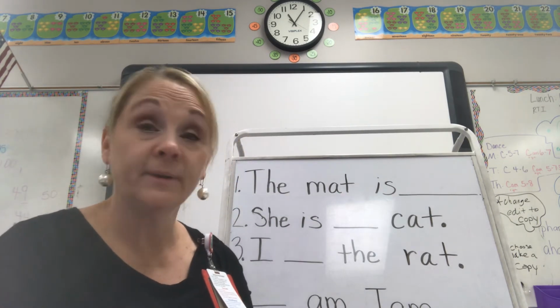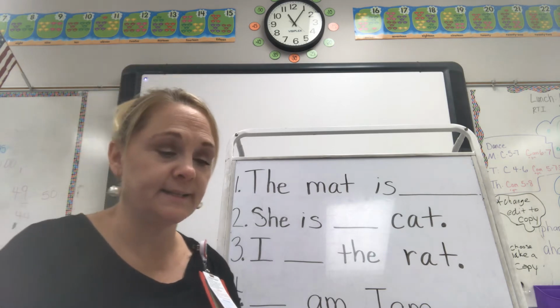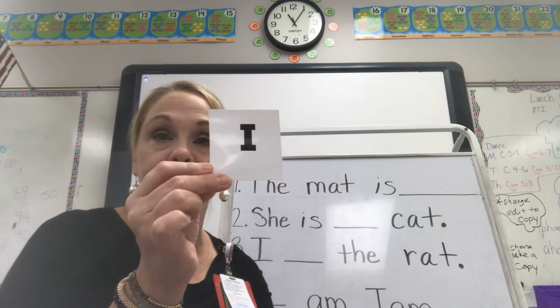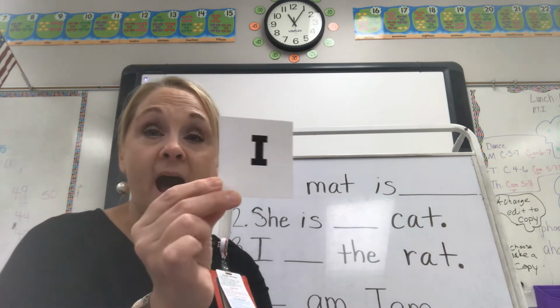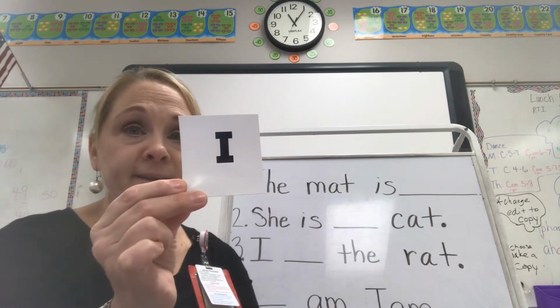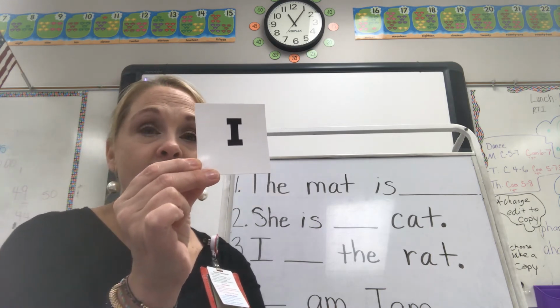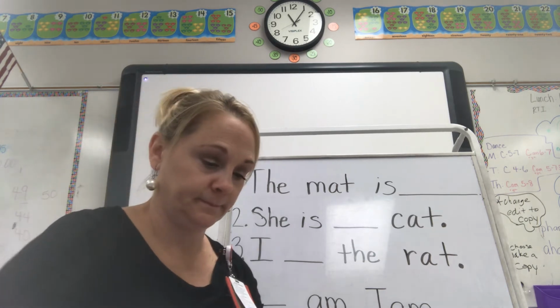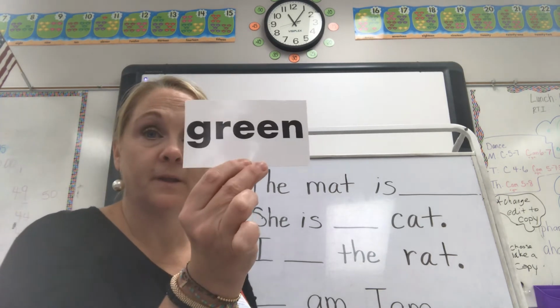Okay, now I'm going to use each of these words in a sentence. I. How could we use the word I in a sentence? I am a teacher. I like to play. I have fun outside. All right, green.